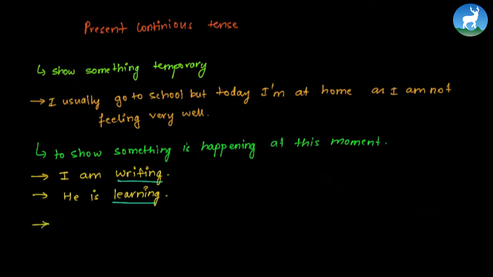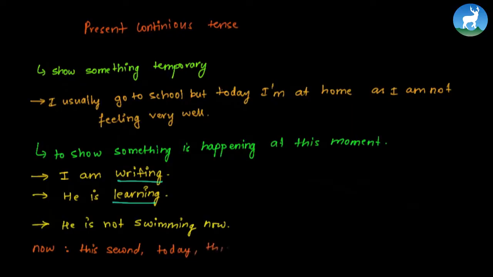Let me take you to another example. He is not swimming right now. Now we can see the use of now, where now could refer to any point of time within this second, be it today or this year or this century even.